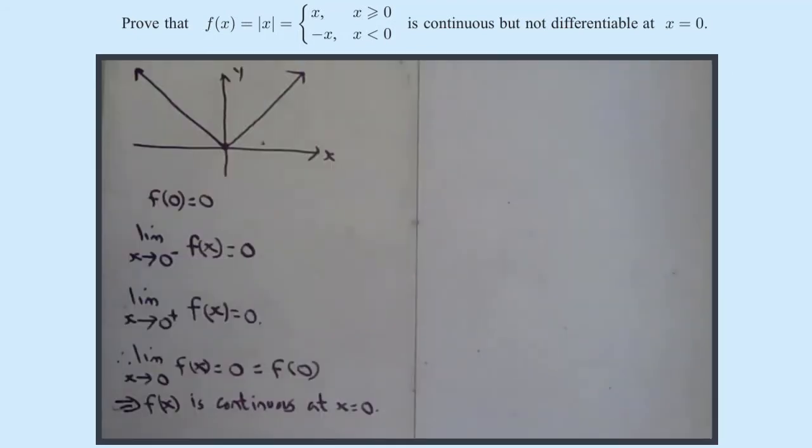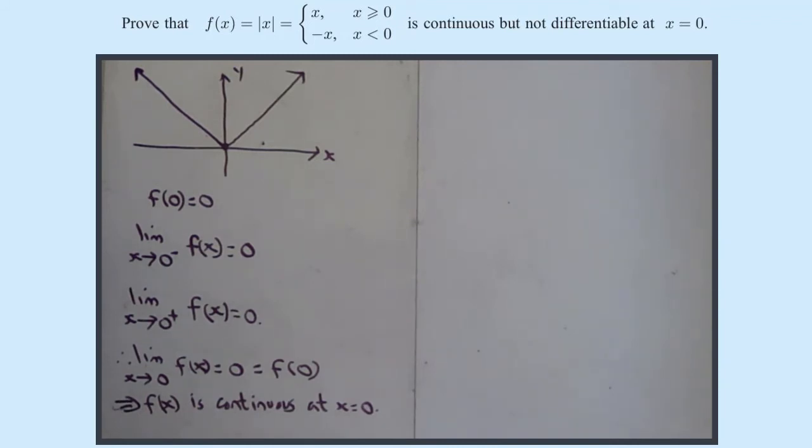Right, so now we have shown that this function, the absolute value of x, is continuous when x equals 0. We need to show that it's not differentiable. So what we show there is that the limit of the derivative of the function as x approaches 0, we need to show that that limit doesn't exist. Right, so before you jump into first principles derivative, it really shouldn't be necessary.